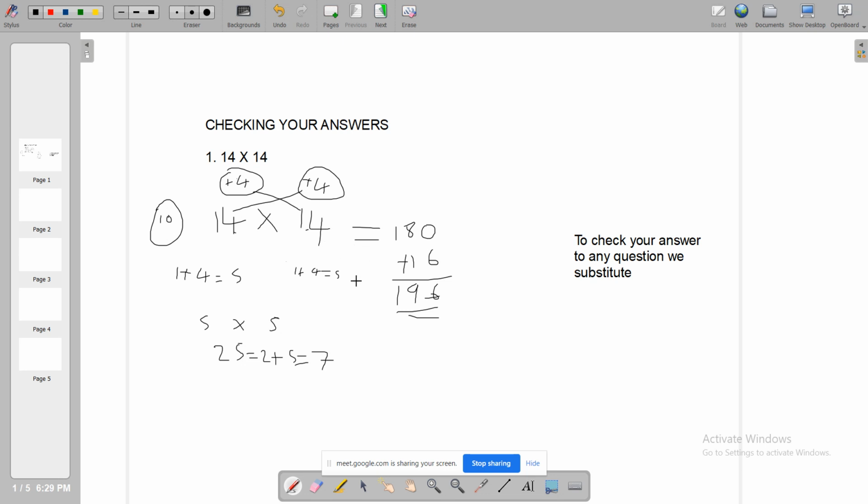So now it will be 1 plus 9 plus 6. Plus 6. Okay. When you add 1 to 9, it becomes 10. 10 plus 6 is 16.